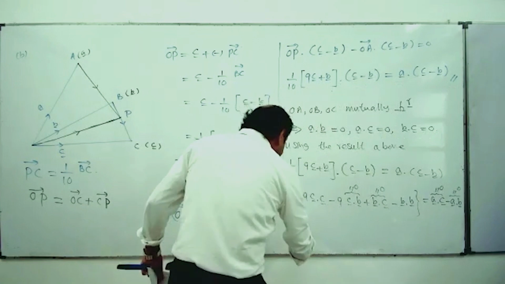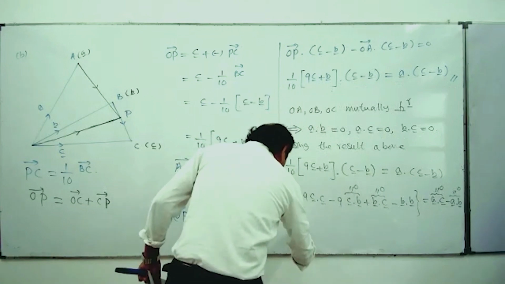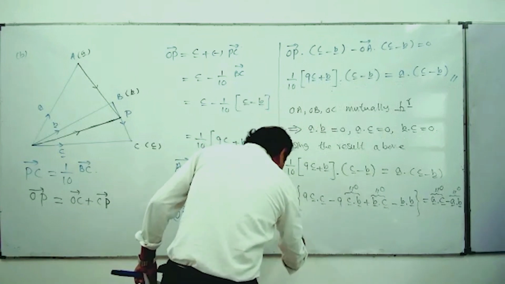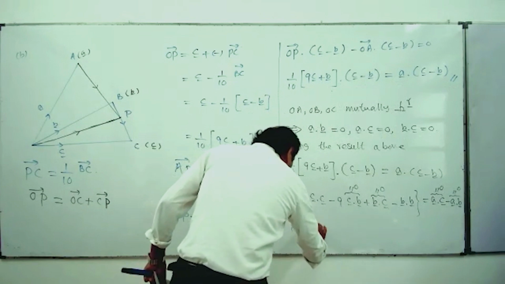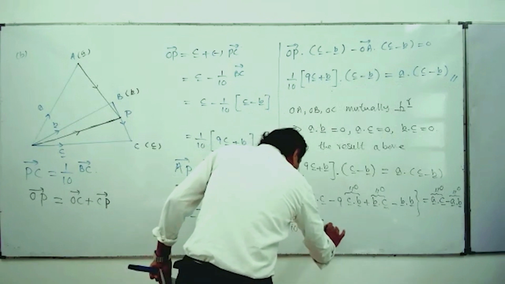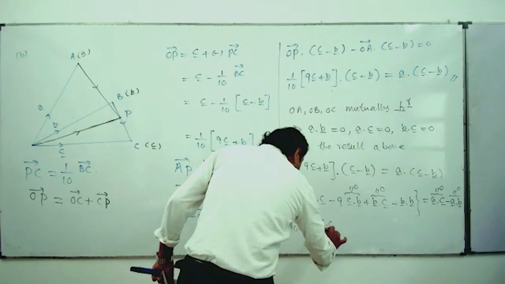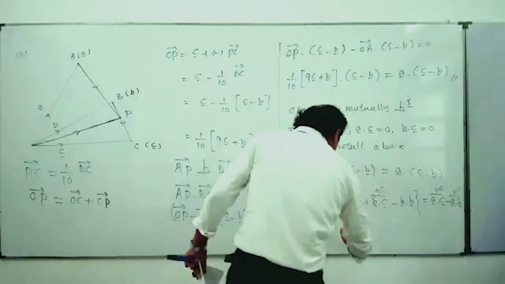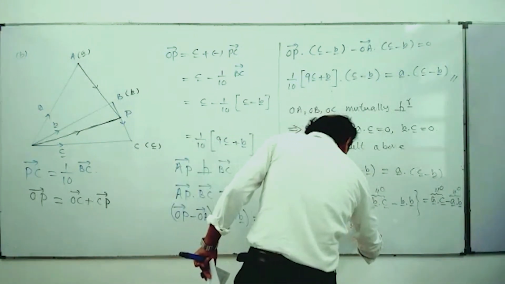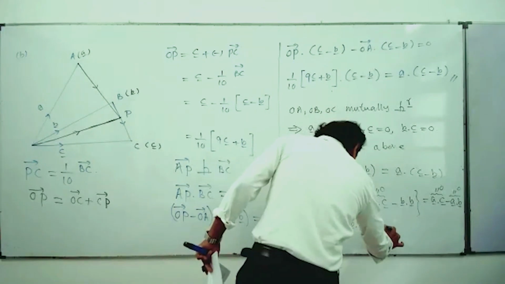Then we get 1 upon 10 of 9 times c dot c minus b dot b will be equal to 0.